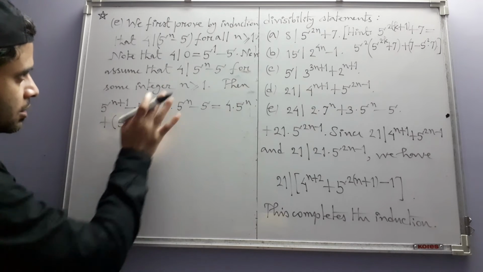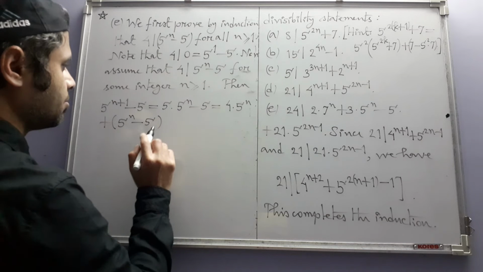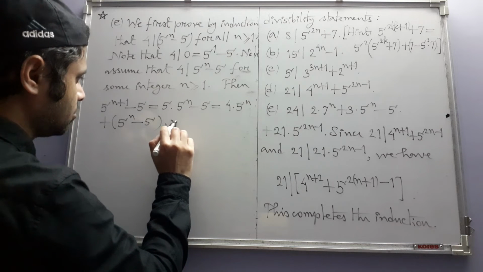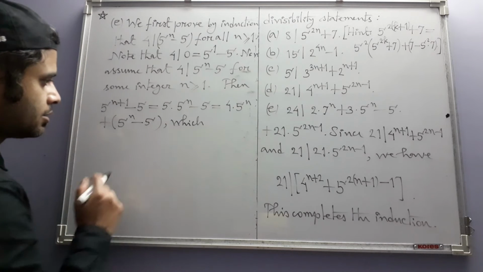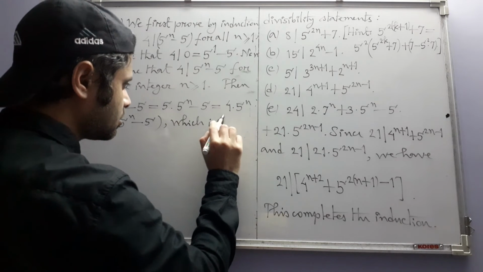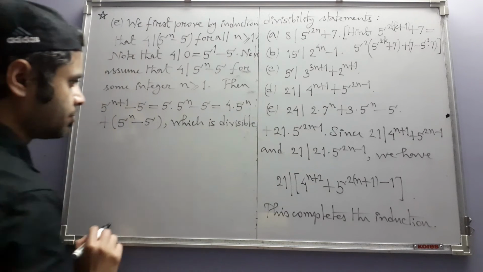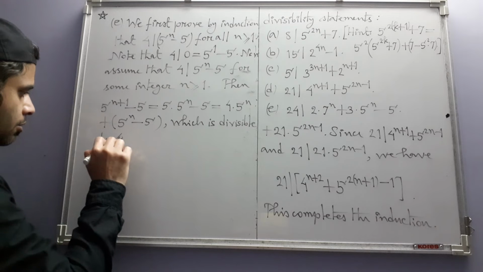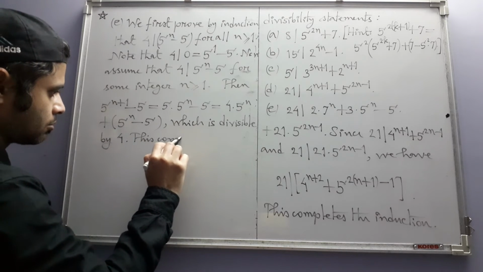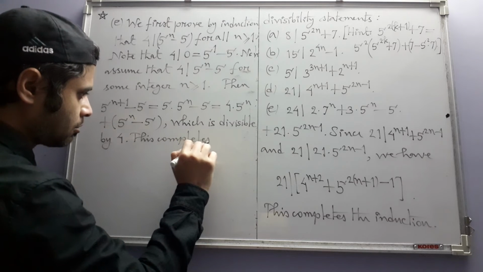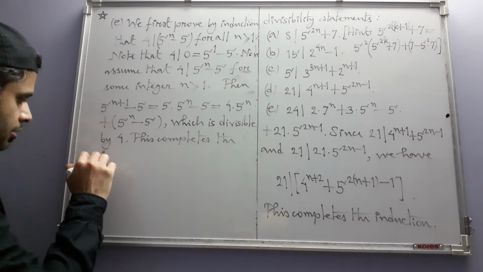Now this part is divisible by 4 by our induction hypothesis, and this part obviously is divisible by 4. So without writing those details, which we can clearly see, we directly write which is divisible by 4. This completes the induction.